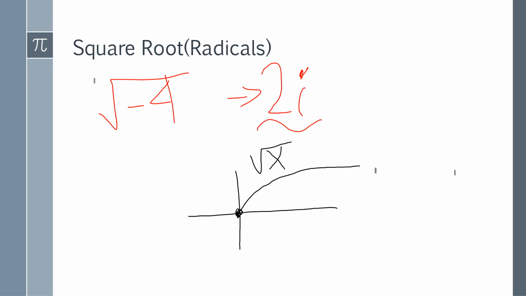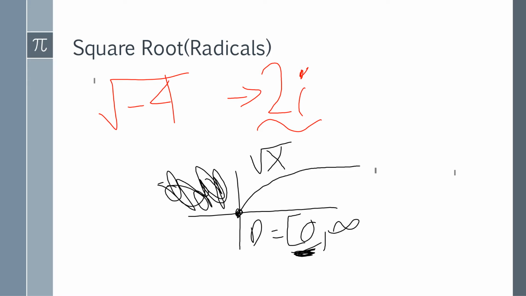So look, this particular characteristic of this function, the domain has to be 0 to infinity. It has to be greater than or equal to 0. It can't be less than, because look, you have all this space here, it doesn't exist. So that's a good mathematical reason why you can't have a negative number in the square root.